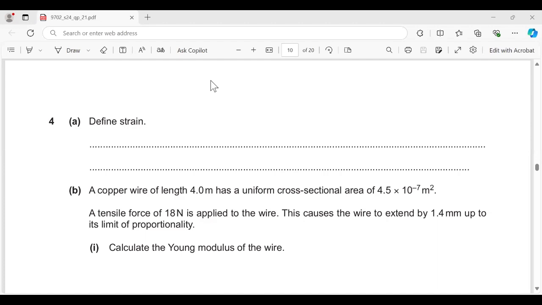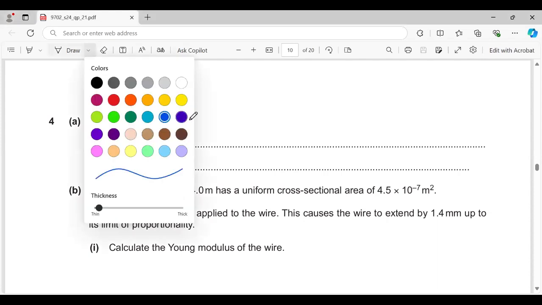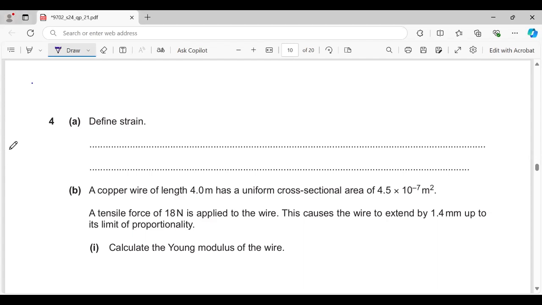Number 4, define strain, or understanding of strain, right? For me, strain is a comparison, or I would like to use the term ratio.